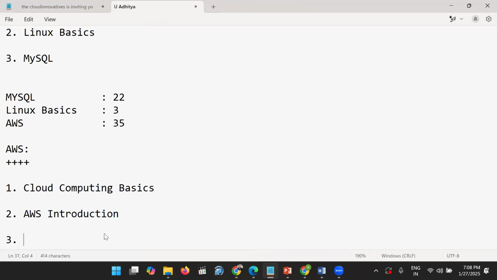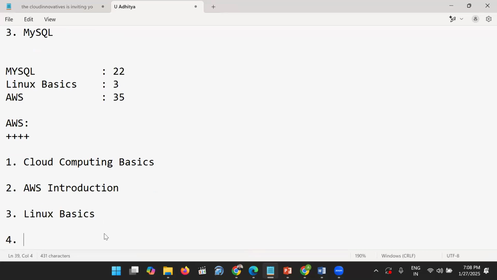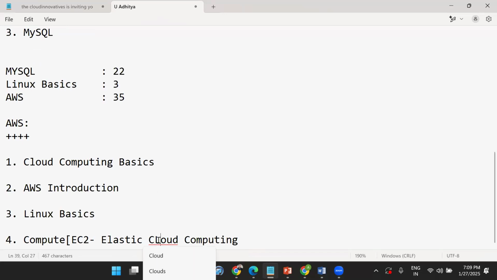And then the Linux basics. Also the compute service, which is the EC2 service. EC2 stands for Elastic Cloud Computing. With that, whatever servers you need, we can launch.